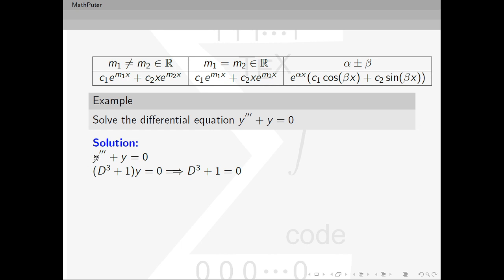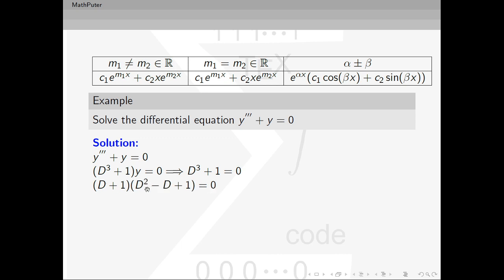So here we have D cube plus 1 into y equal to 0. Now you know how I could write this: the third derivative represents D cube y, plus y. I took y common. Since y is non-zero, therefore D cube plus 1 equal to 0. You know the factors of D cube plus 1?